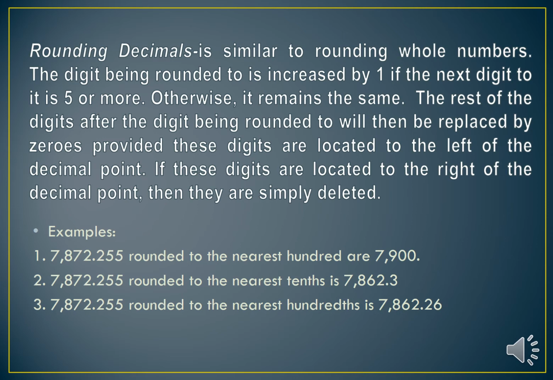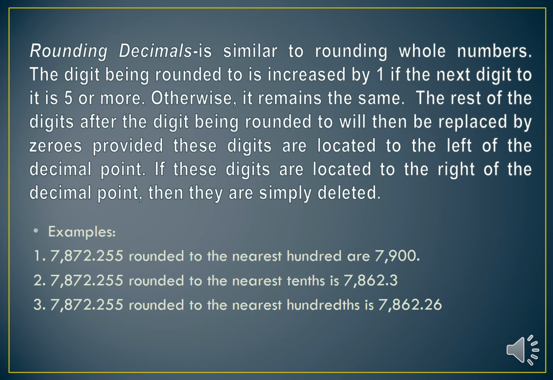We have ones, 2 is ones, 7 is tens, 8 is hundreds. Since the digit next to the right of 8 is 7, of course it is more than 5. So we are going to make 8 as 9 and replace the numbers to its right with 0. So it will become 7,900.